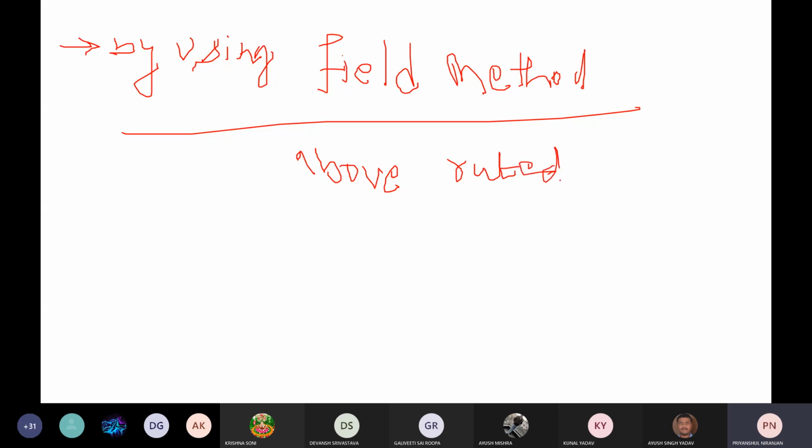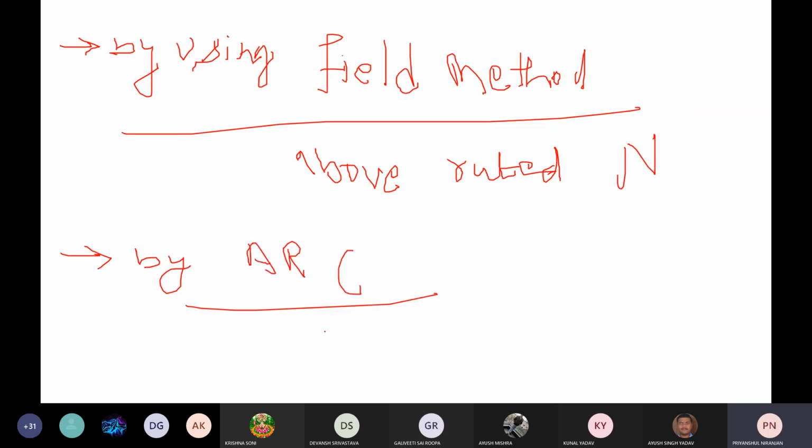Okay. By using the armature resistance control, we control the below rated speed.